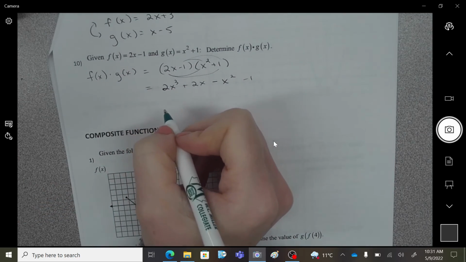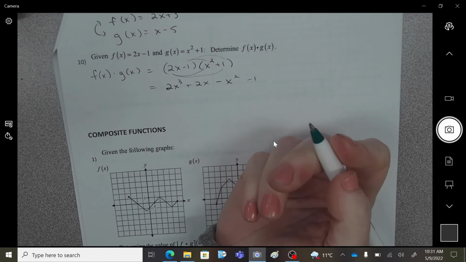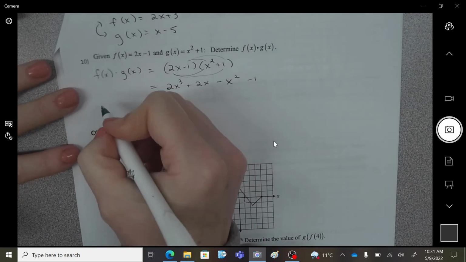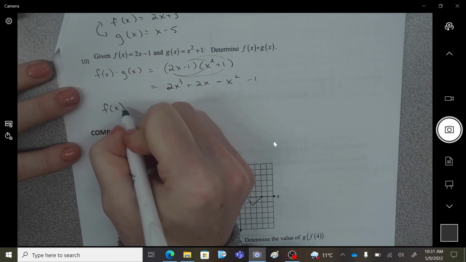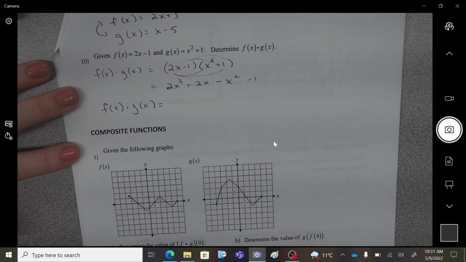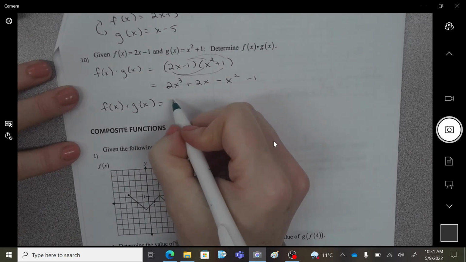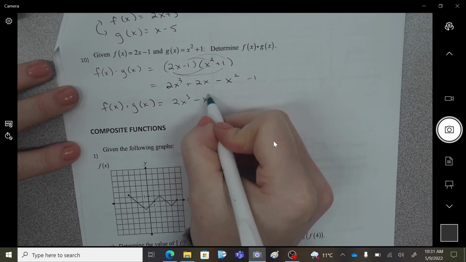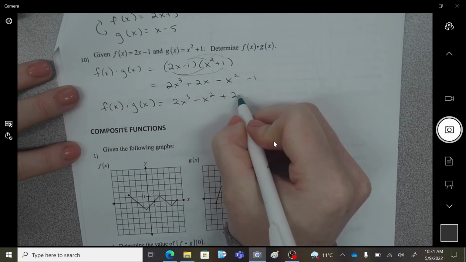And I can leave it like that. Some people like to write it in an order. There is no name, like this isn't called h of x or y of x, so I leave it like that. So 2x cubed minus the x squared plus the 2x minus 1.